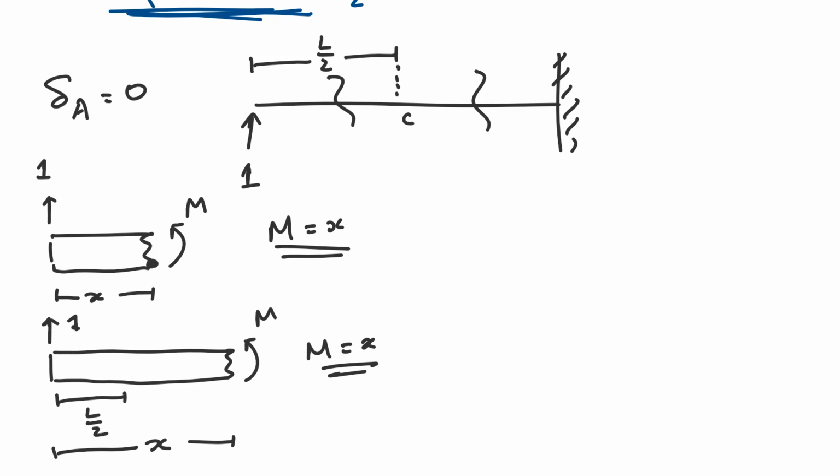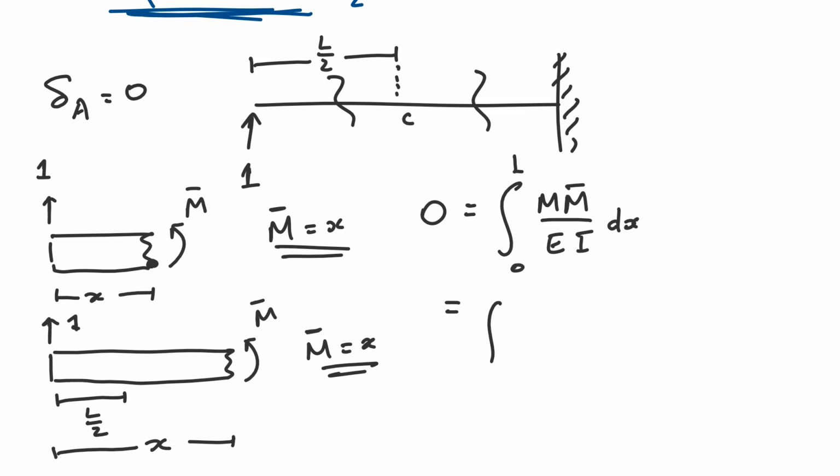Now, here comes the fun part. Delta A equals 0. So 0 is equal to the integral of M. Sorry, I messed up a little bit. This should be M bar. Very sorry. That should be M bar. So 0 is equal to the integral of M M bar over EI dx from 0 to L. And now the reason why I wanted to do this example in particular is because now we have two sections, so we actually have to split up the integral.